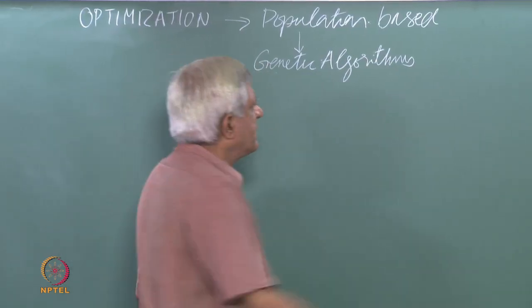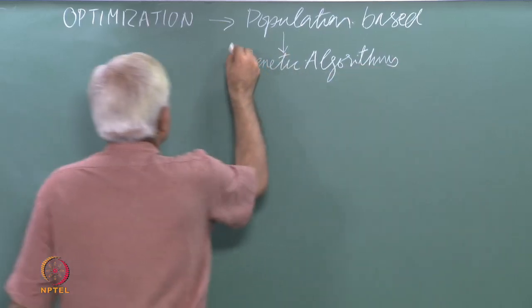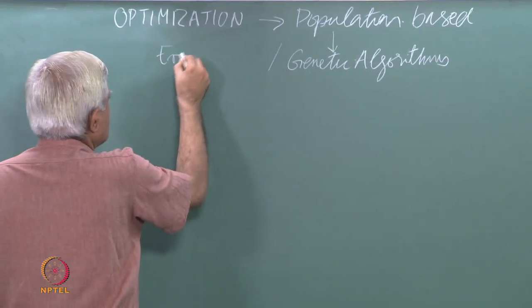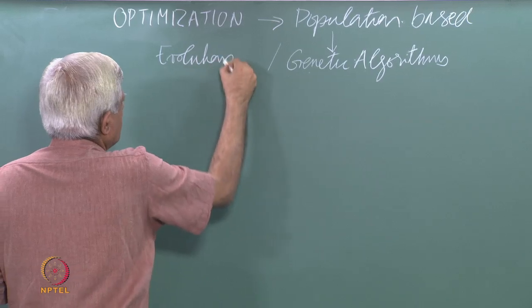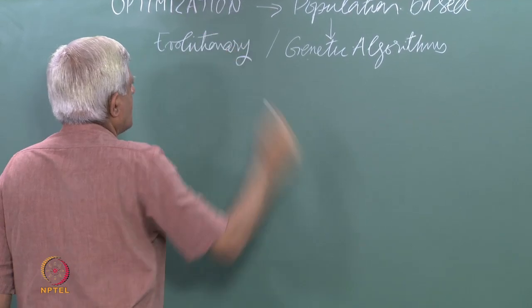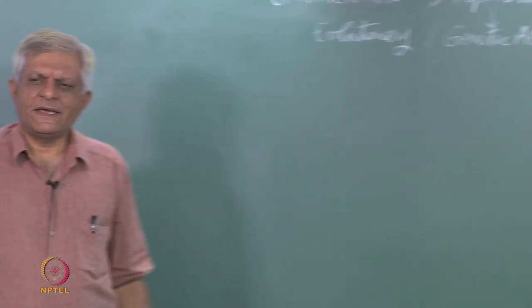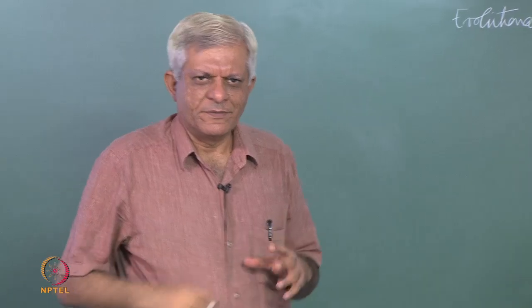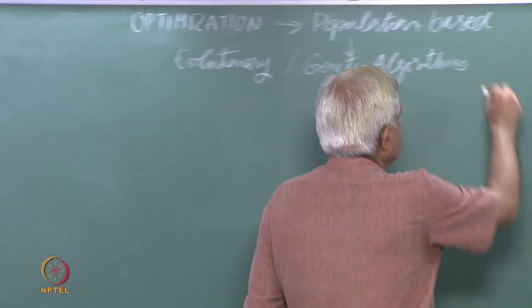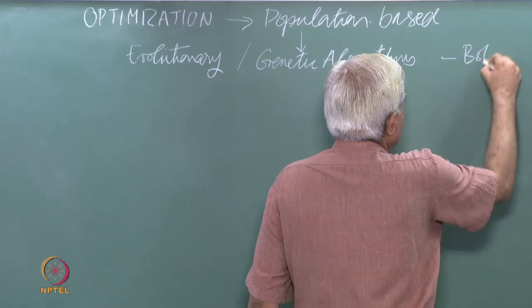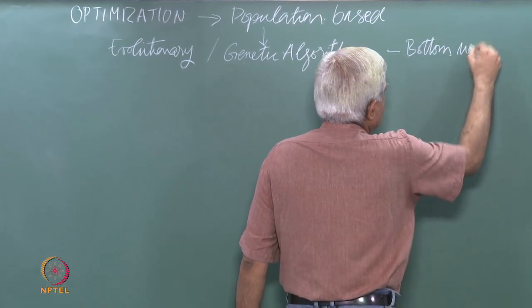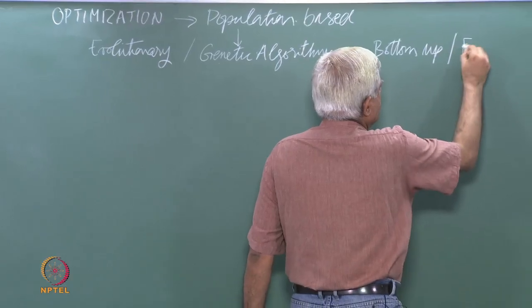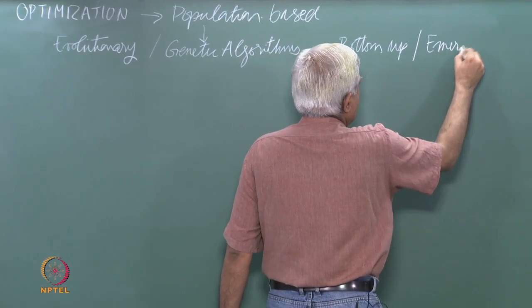Some people also call them evolutionary algorithms. And they have a flavor of bottom up problem solving. We also call it emergent.